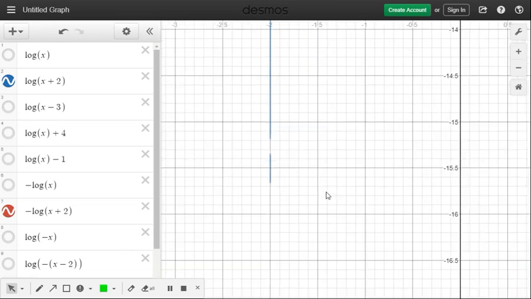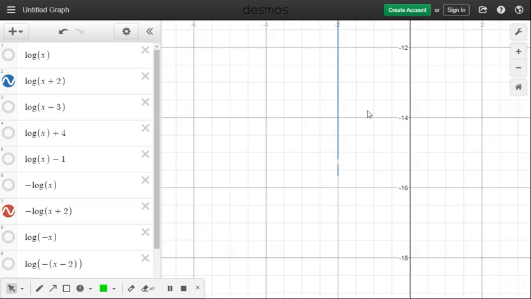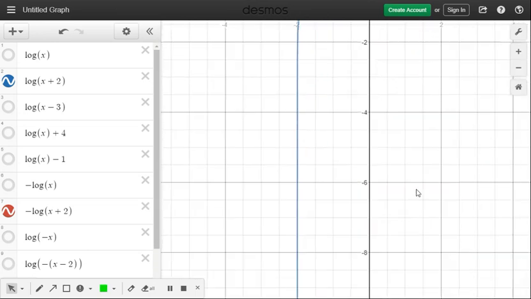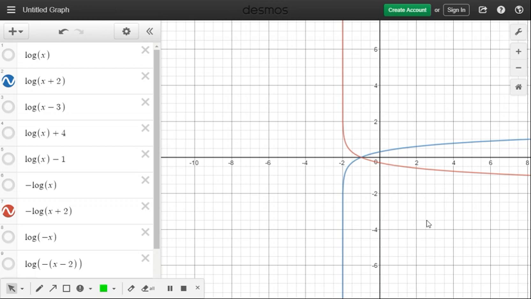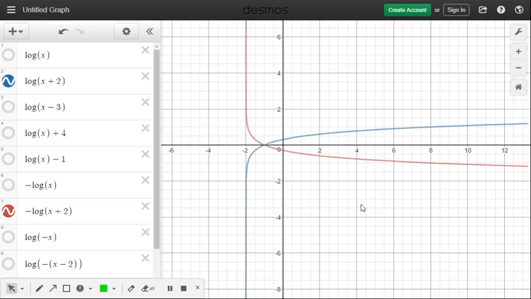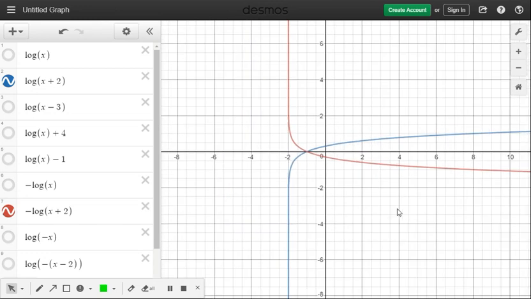So there's a certain stopping point for the blue graph. That means there's a certain stopping point when it comes to log of x plus 2 and negative log of x plus 2. So if there's a negative outside a function, meaning in front of log, it's going to reflect over the x-axis.